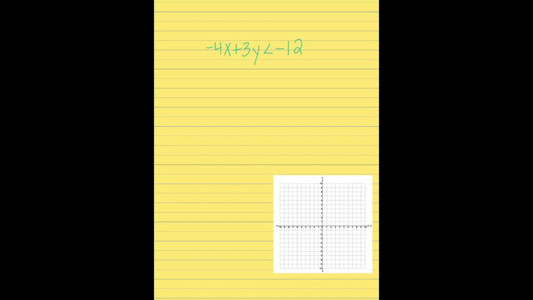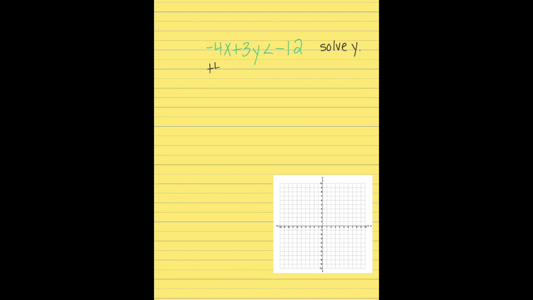We're not necessarily going to combine like terms, but we're going to do those inverse operations in order to solve for y, right? Because in order to graph this, we need to solve for y. So what do I need to do first in order to solve for y here? Oh, you got to add that 4x.